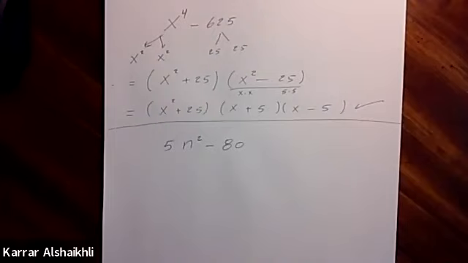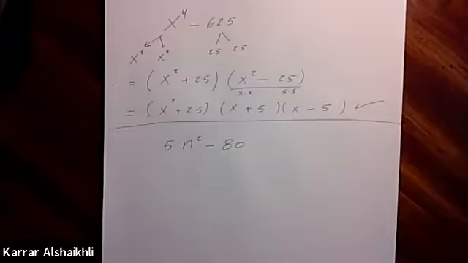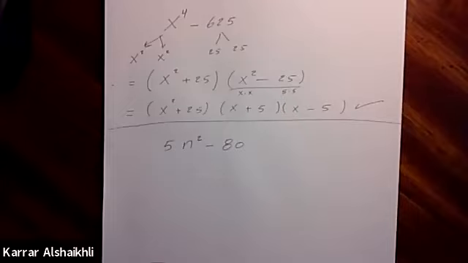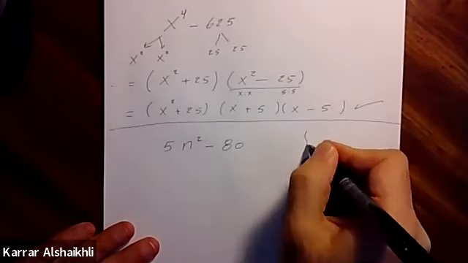What's the first step? We always have to check this step. The greatest common factor. Is there a greatest common factor between 5n squared and 80? Yes, the 5. Let's do this on the side.